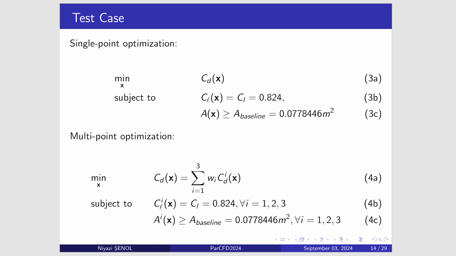The single point optimization definition is: your target is to minimize the drag CD, subject to CL equal to 0.824, and the area equal to or bigger than the baseline area. For multi-point optimization, your total CD has to be minimum, and they are subject to similar constraints for all the flight conditions.